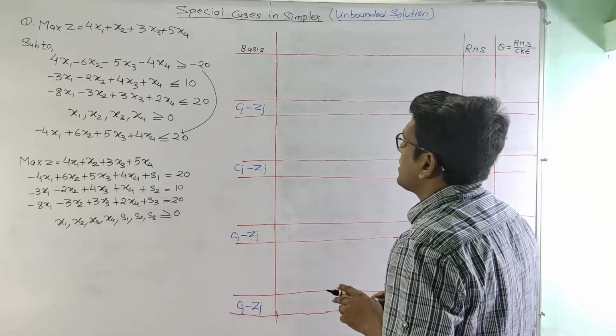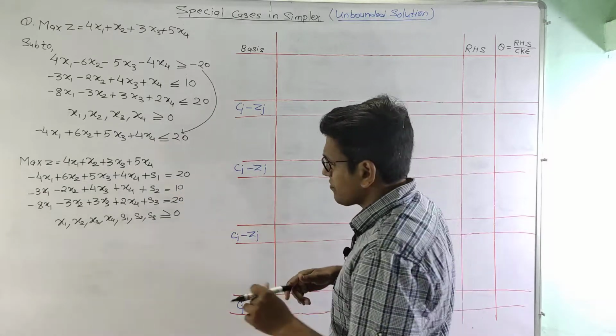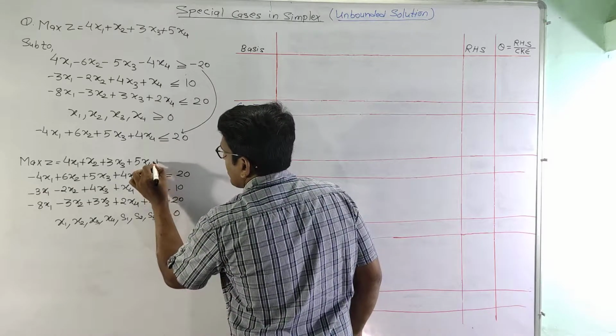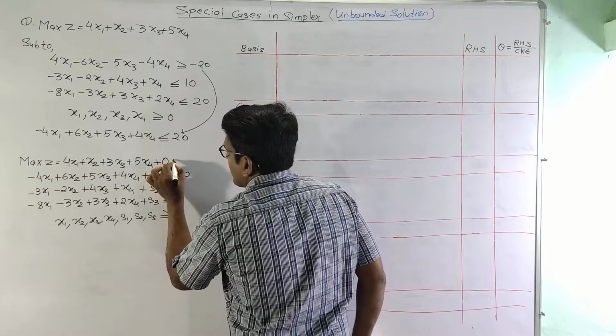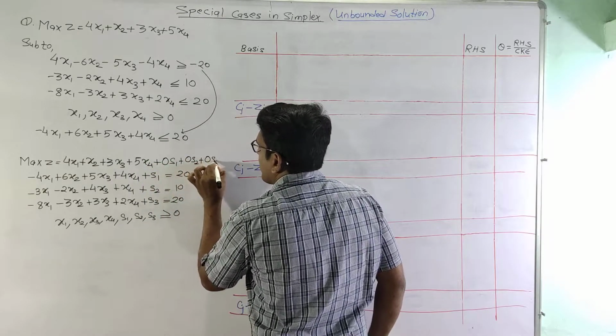Now we have converted this problem into standard form, and we must note that slack variables take 0 coefficient in the objective function.